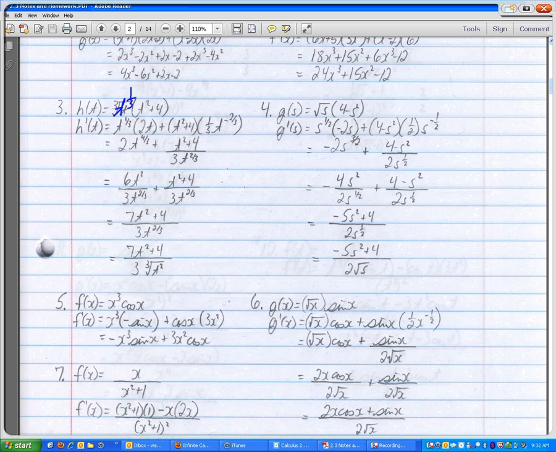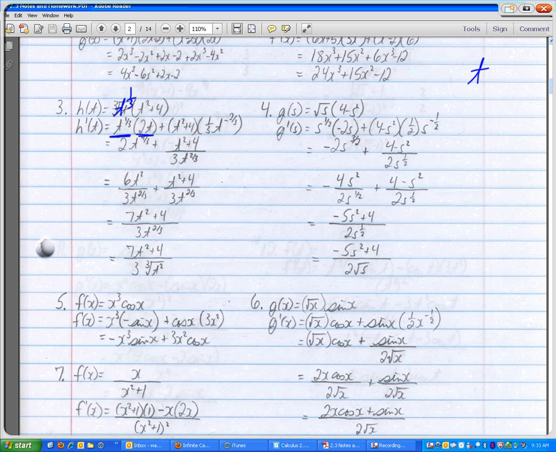The product rule says h prime of t equals the first function, t to the 1/3, times the derivative of the second function. The derivative of t squared is 2t, and the derivative of 4 is 0. Plus the second function, t squared plus 4, times the derivative of the first. This gets complicated.